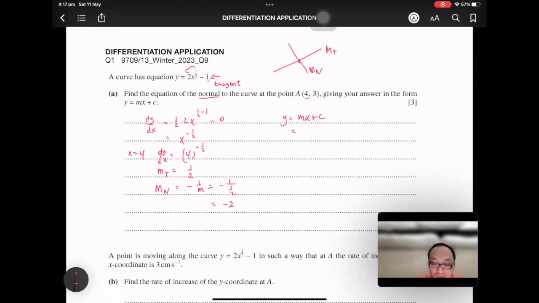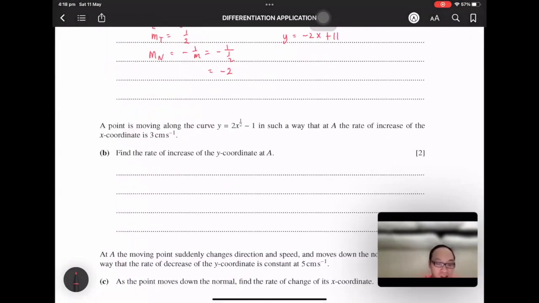We put the gradient of the normal as negative 2, x is 4, and y is 3, to find c, so we get c equals 11. So the equation of the normal is y equals minus 2x plus 11.